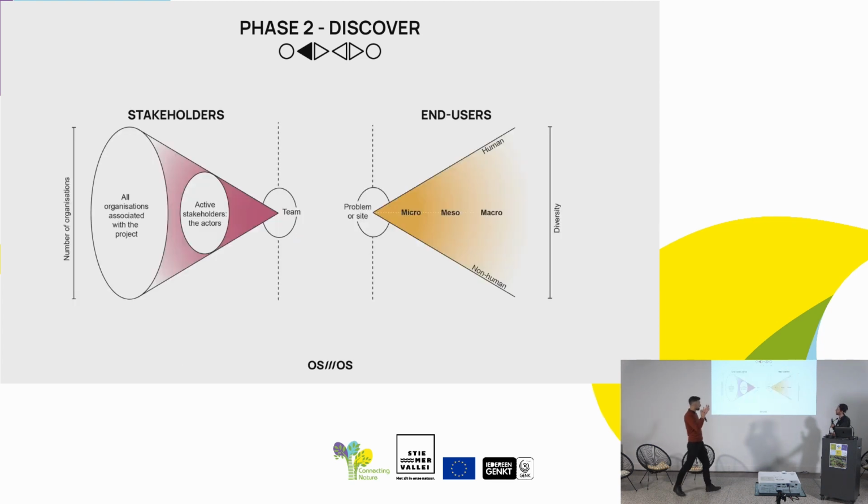You'll see all of these diagrams in the book, so you can read in detail what all this means. But there was a mapping of the actors, you might say the field of actors, an engagement of the active stakeholders, and then a creation of a team to get things moving, get things dynamized.